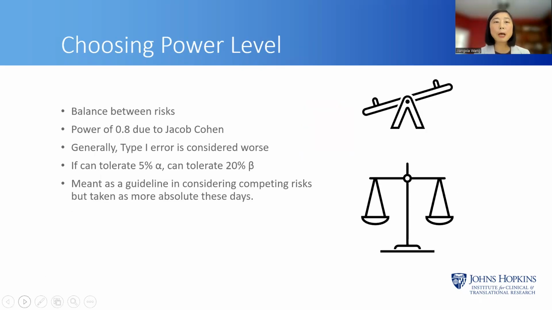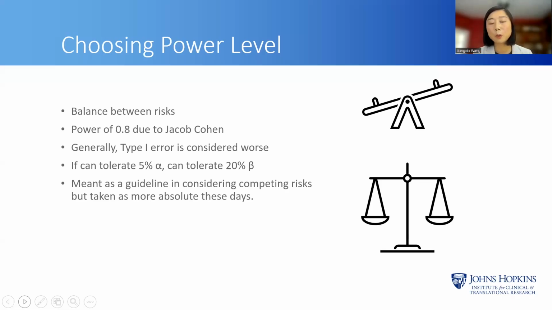So choosing the power level is really a balance between the risks of making the type 1 and type 2 error. The power of 0.8, we use it more often, almost as an absolute these days. It's really due to Jacob Cohen.